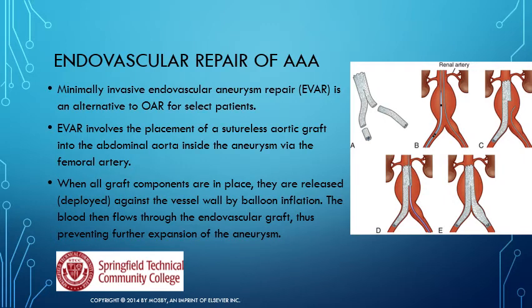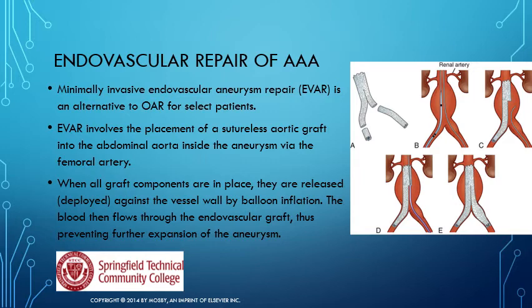Minimally invasive endovascular repair is an alternative to open repair for select patients, including our case study lady, because she's elderly and it's much less blood loss for patients that have an EVAR. It involves the placement of a sutureless aortic graft into the abdominal aorta inside the aneurysm.